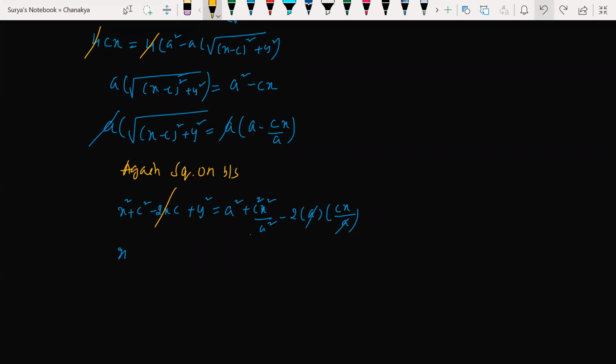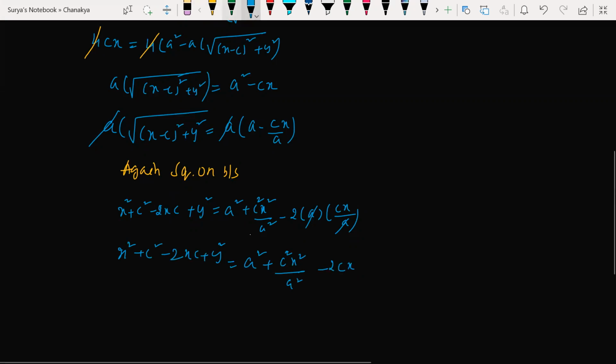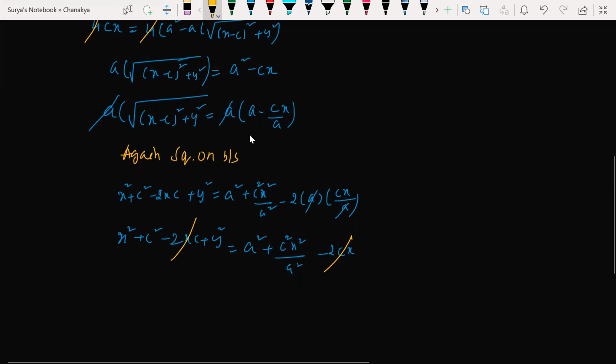If you don't understand, let me write in one more step. x square plus c square minus 2xc plus y square is equal to a square c square x square divided by a square, minus 2 times of cx. So 2cx and 2cx will get cancelled.